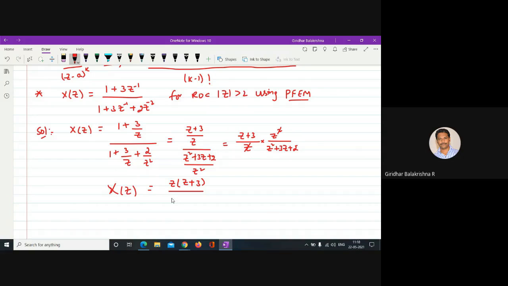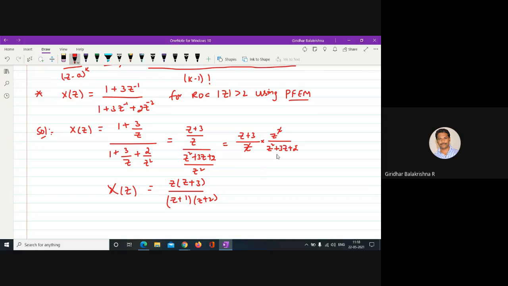How many poles will you get for z square? 2. What are the poles? Z plus 1 and z plus 2.